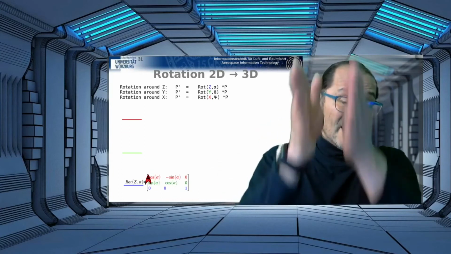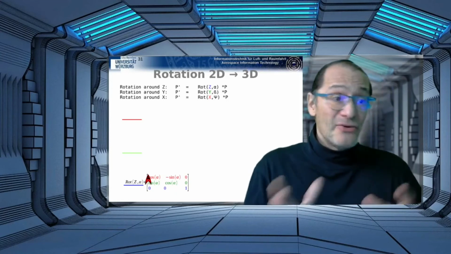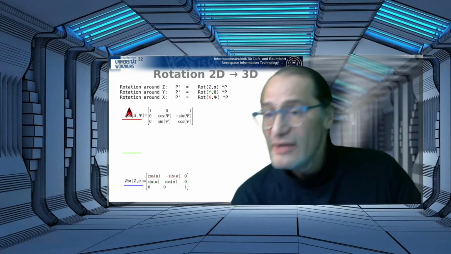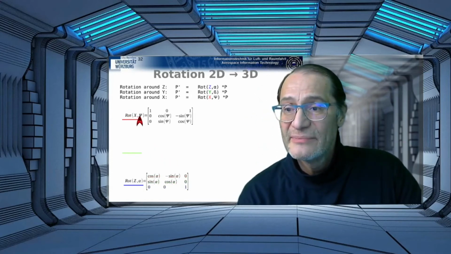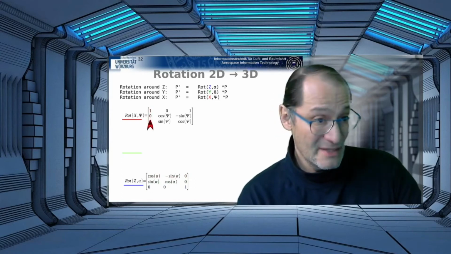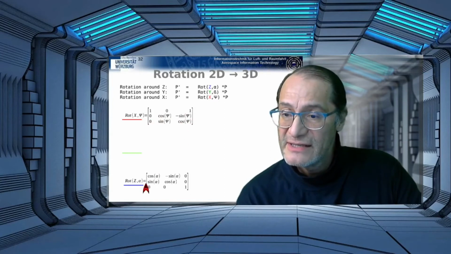The X vector shall not change, it shall stay 1, 0, 0, and the other vectors shall have a similar transformation like this. The rotor of X by phi shall have the X vector still the same, and this transformation is still here, the same from here to here.